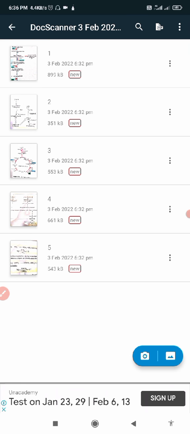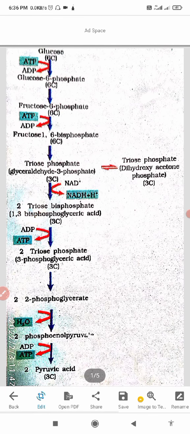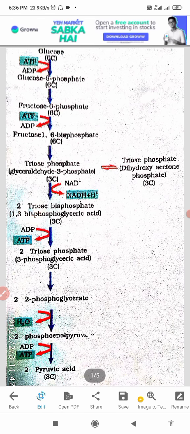Dear student, this first slide is on your screen, and this slide is showing the reaction of glycolysis which takes place in the cytoplasm.